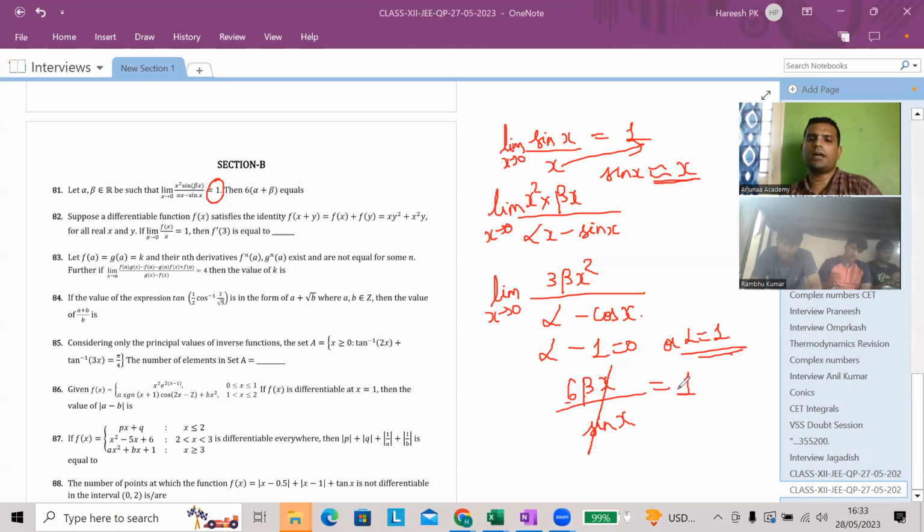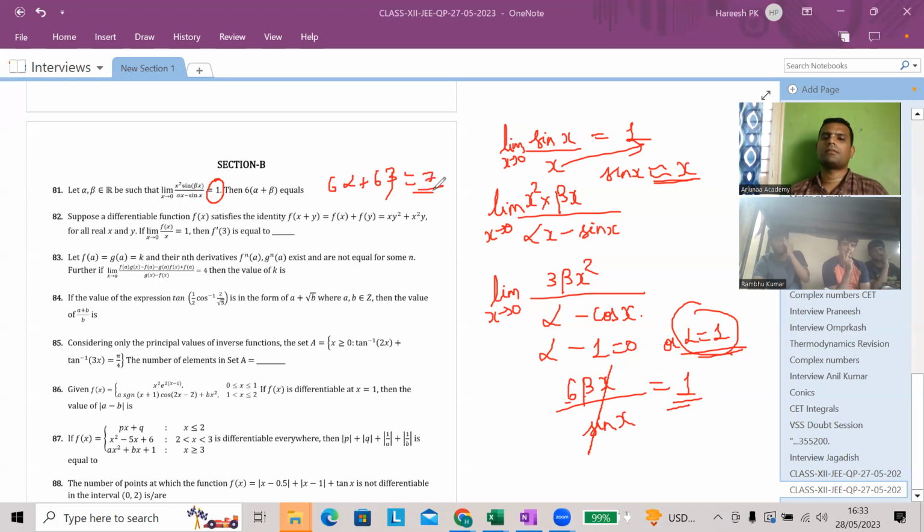So 6 beta is 1, and alpha is also 1. Now they're asking 6 times alpha plus beta, that is 6 alpha plus 6 beta. How much is 6 alpha? 6. 6 alpha is 6 and 6 beta is 1. So the answer is 7.